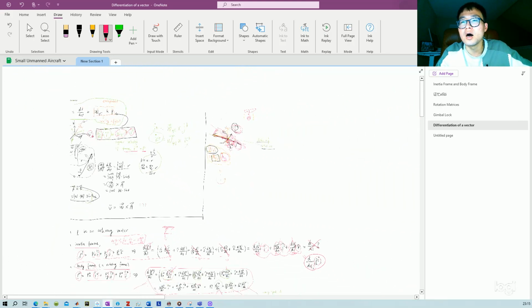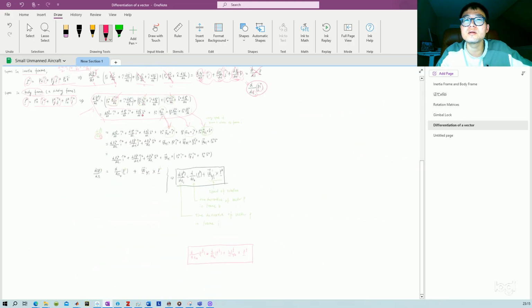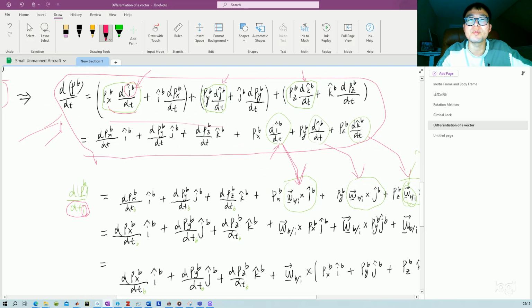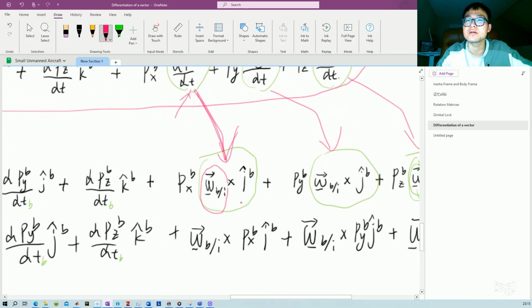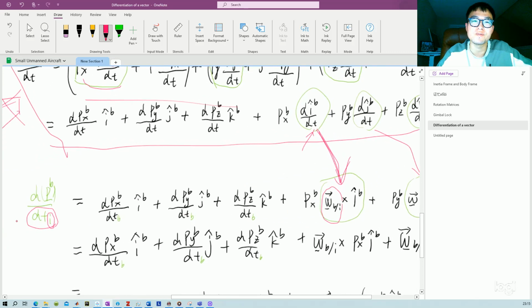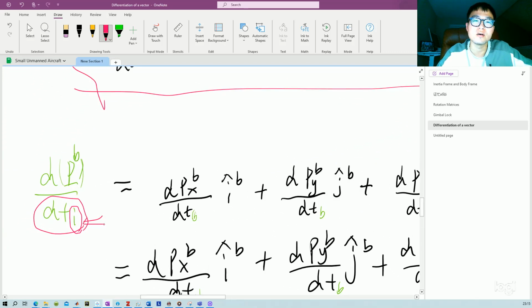So that's why I was saying this is more general. But when you try to map this using angular speed vector like that, the body with respect to inertia, really we're taking time derivative in the inertia frame.